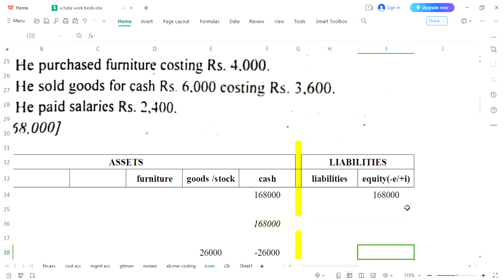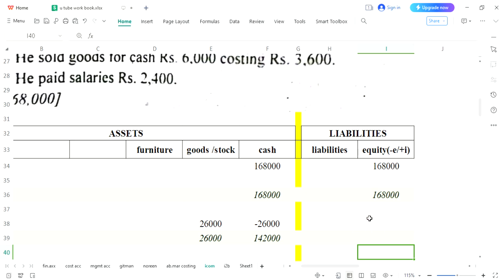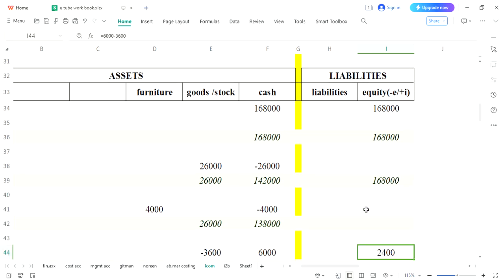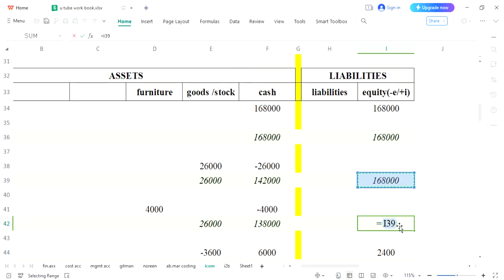First 168,000, nothing is present over here, so same amount would be written at here. Again, there is no entry present over here, so same amount you are going to write over here. Next, again, no entry is present. You will write same amount over here.